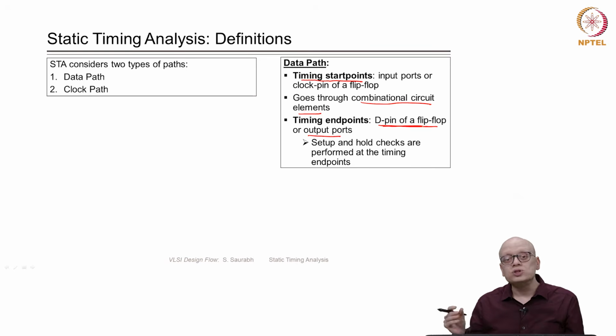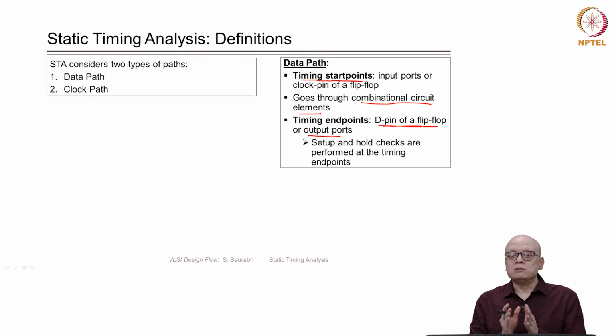To ensure that the setup and hold requirements of the external flip flops are also met, we need to make some checks on the output ports also. We will look into this aspect of checking at the output ports in more detail in the subsequent lectures.